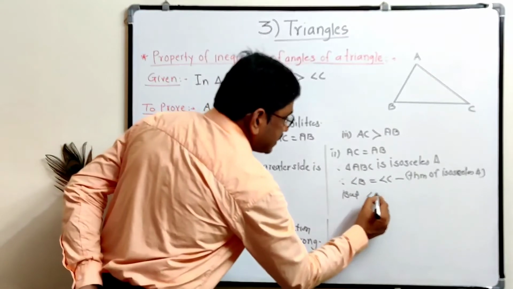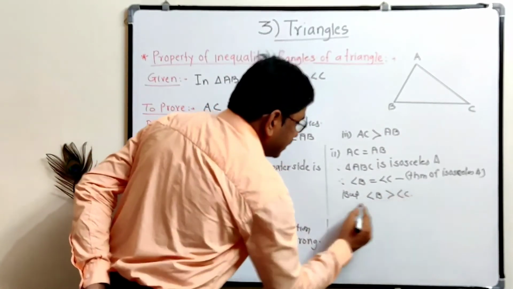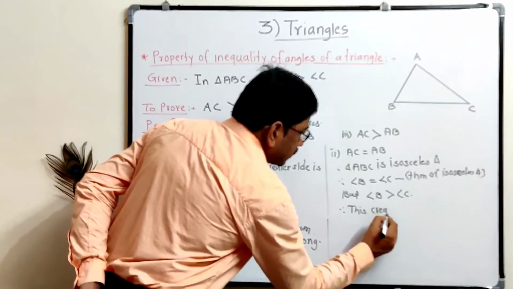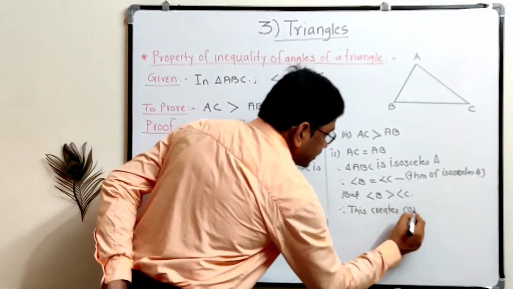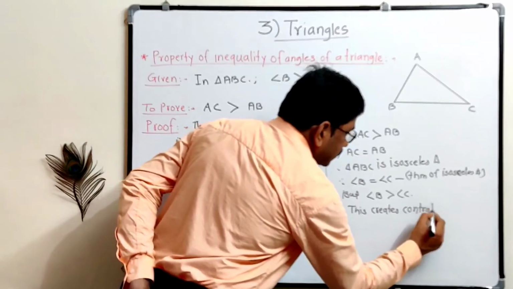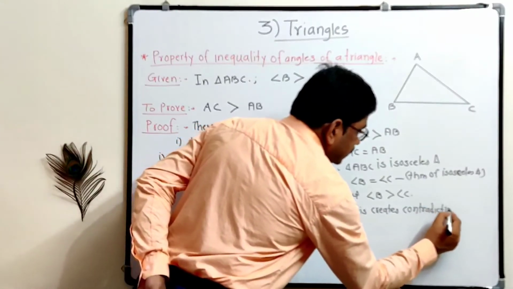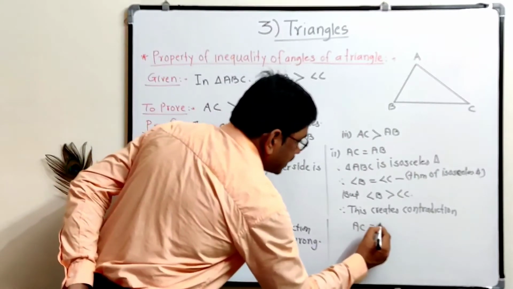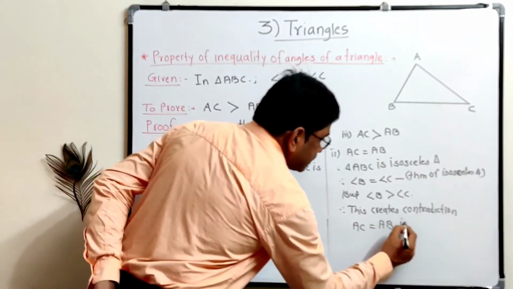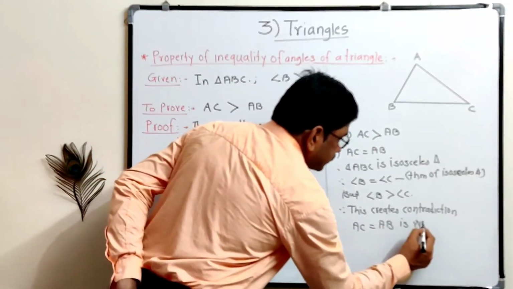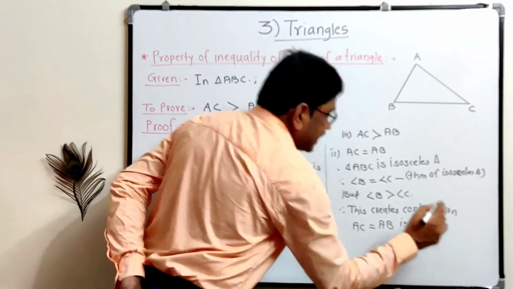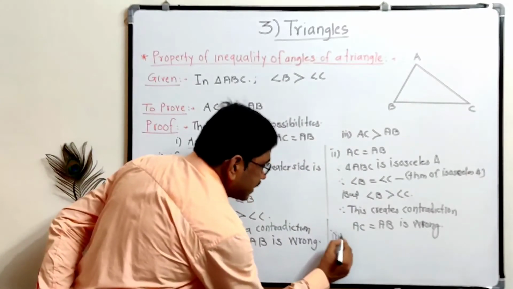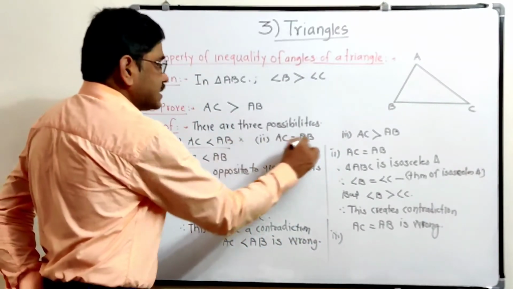Angle B is greater than angle C. Therefore, this also creates a contradiction. That means our assumption, AC equals AB, is wrong. That means this statement is also wrong. So only one possibility is there. Now this is not possible, this is not possible.